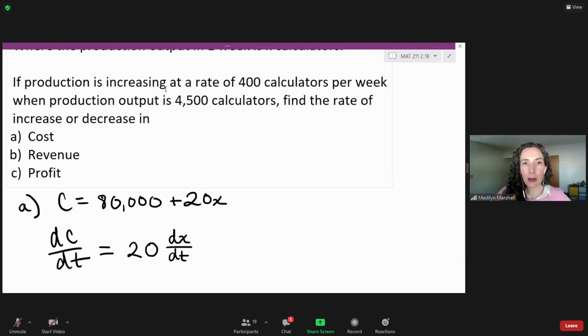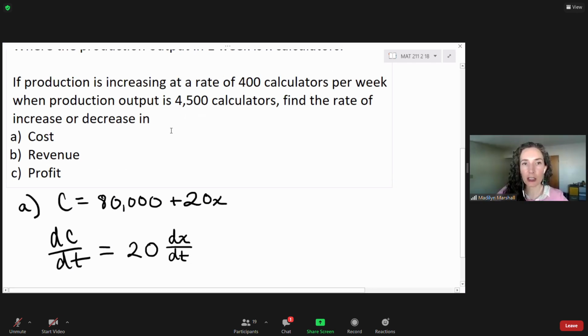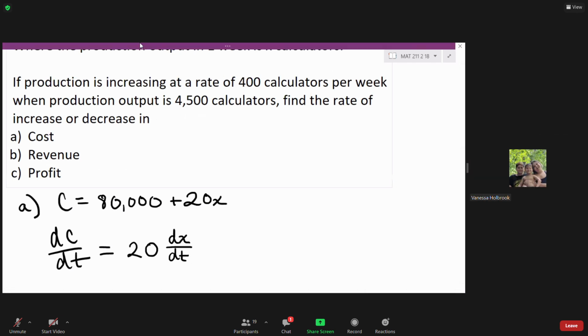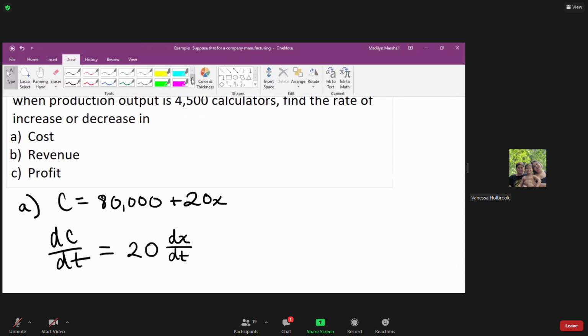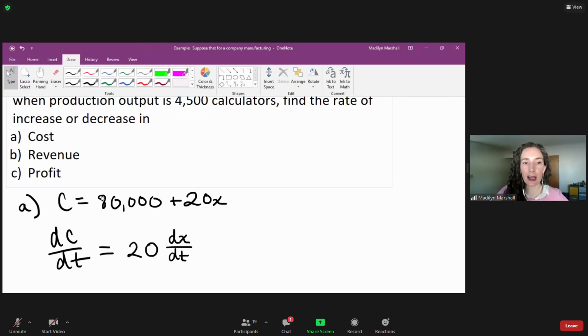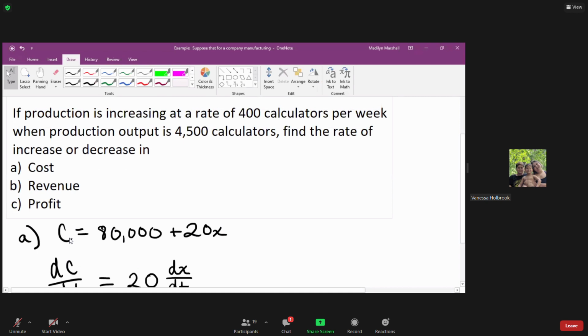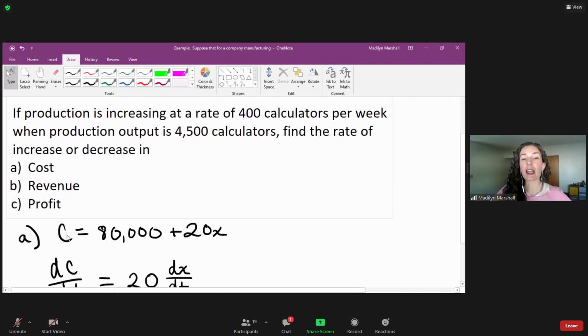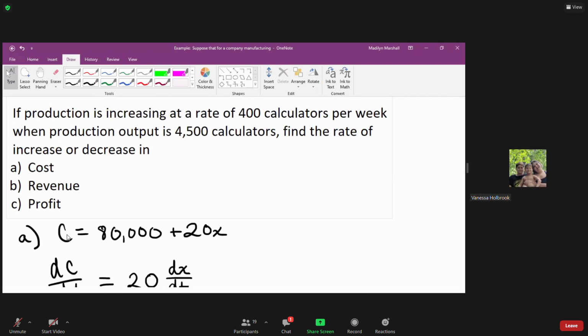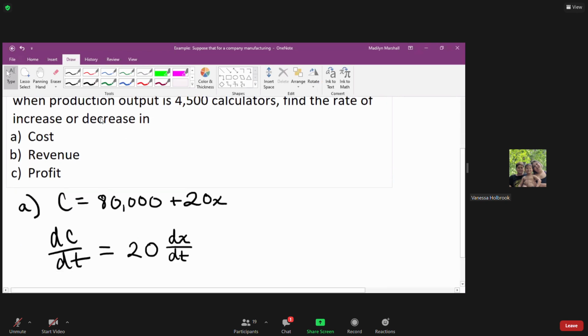I'm going to put up a poll question in just a moment, asking about this information we know. It's not asking just for the equation for dc dt. We want to know when production is increasing at this much and output is this much, what is the increase or decrease in cost?